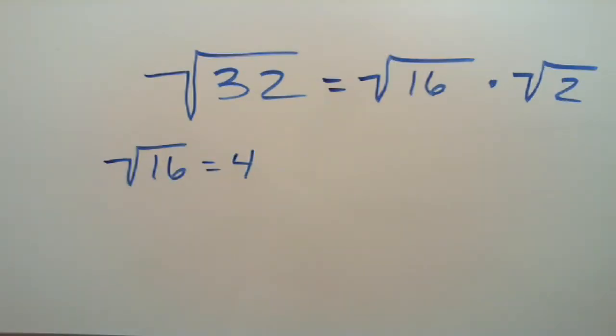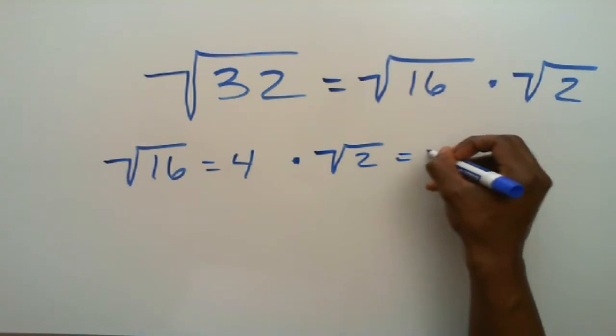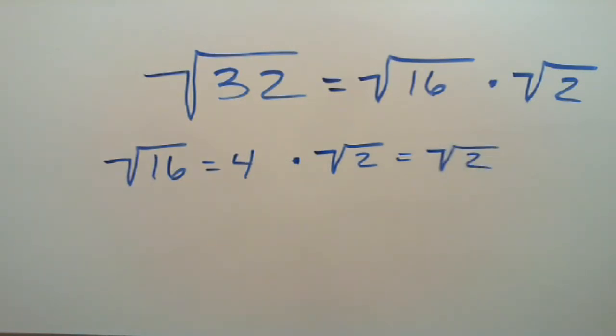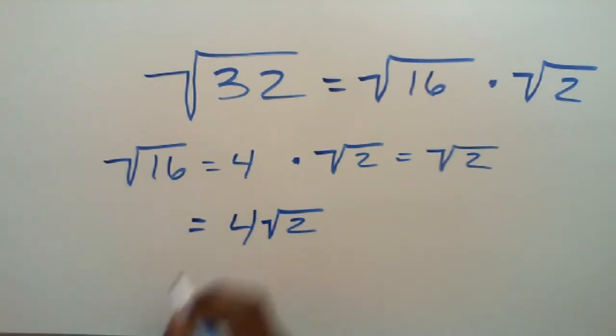Now I can simplify the square root of 16, which is 4, and simplify the square root of 2, which cannot be simplified further because the square root of 2 is not a perfect square. So 2 will remain under the radical sign. Our answer is 4 times the square root of 2, with 4 written in front of the square root of 2.